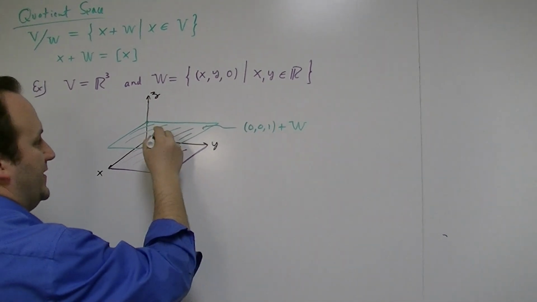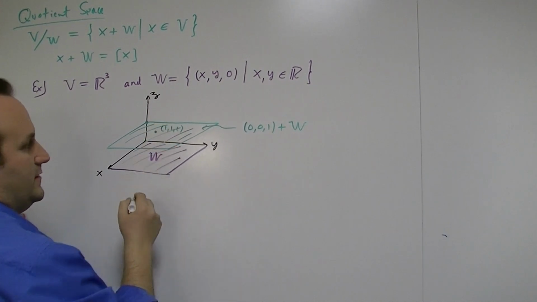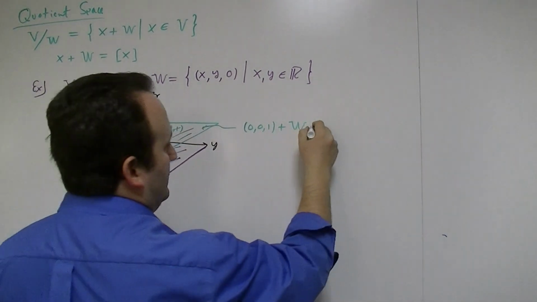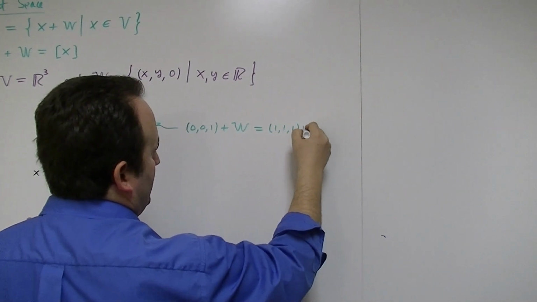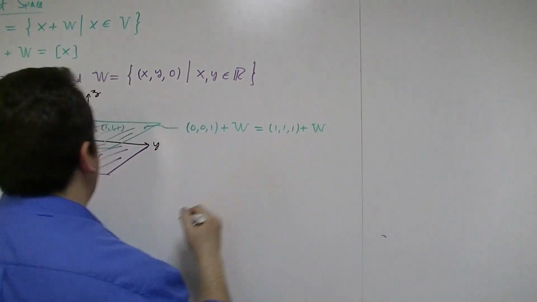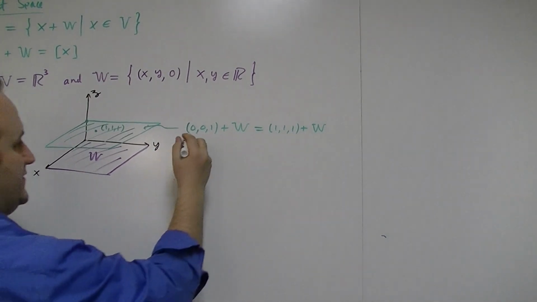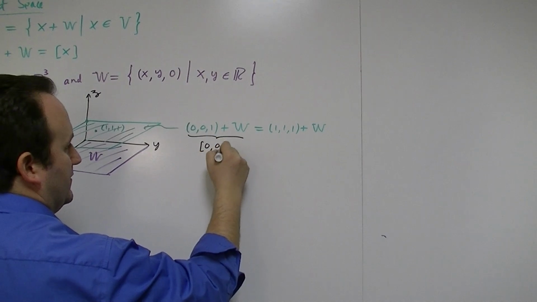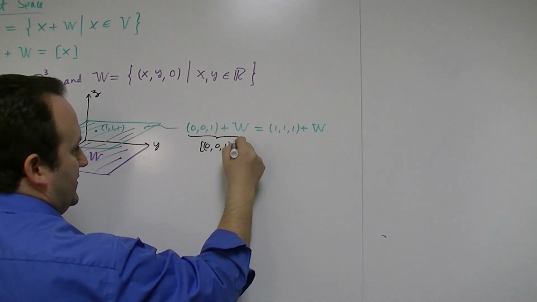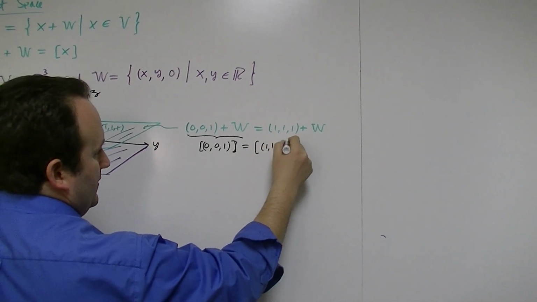It would be the same if I just say, out here, that point would be (1, 1, 1). And these are equal as point sets. They're both just the horizontal plane at z equals 1. So in the easier notation, I would just denote this by the coset with representative (0, 0, 1). Notice the brackets, and I'm saying that that's in fact equal to [(1, 1, 1)].